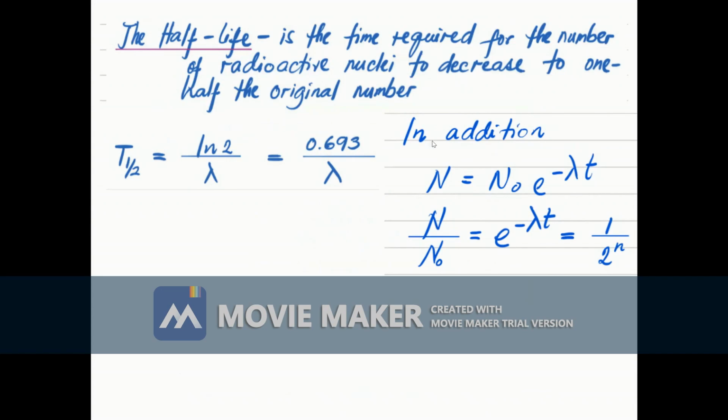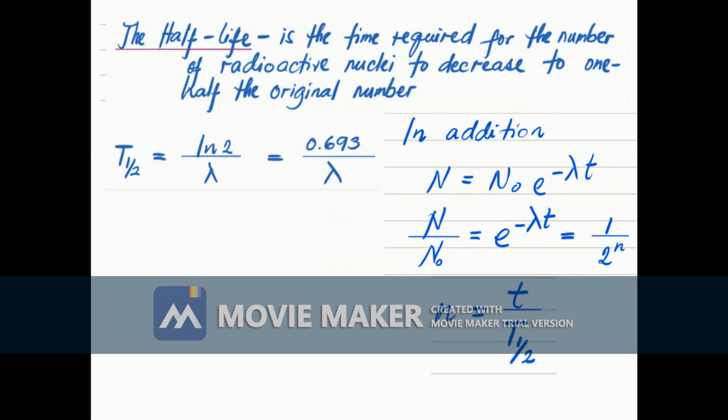In addition, there are additional formulas for the remaining nuclei, initial nuclides ratio. For example, if we are given the fraction, we can easily find other values, such as time or decay constant. And also this one equals 1/2 to the power of n.